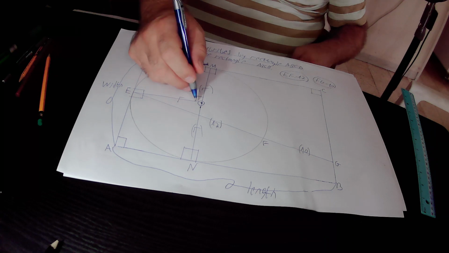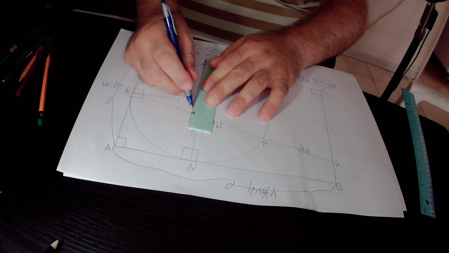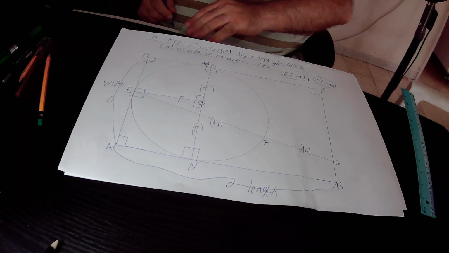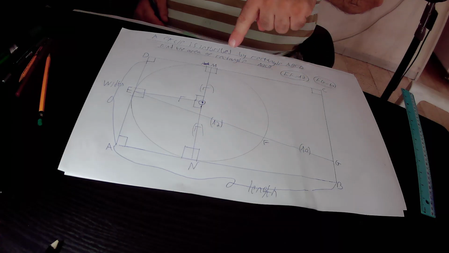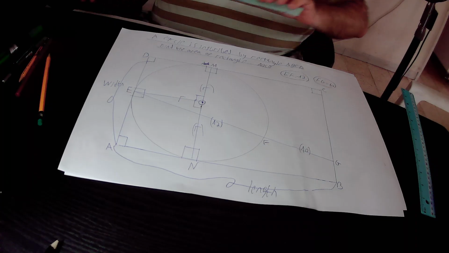Therefore, this fourth angle must be equal to 90 degrees in its size. So the size of the big angle MON is equal to 90 degrees plus 90 degrees, that is 180 degrees.